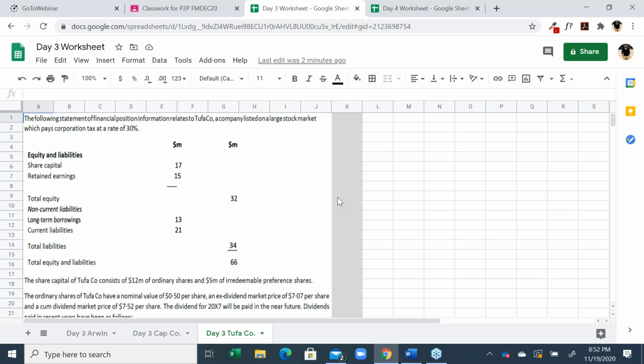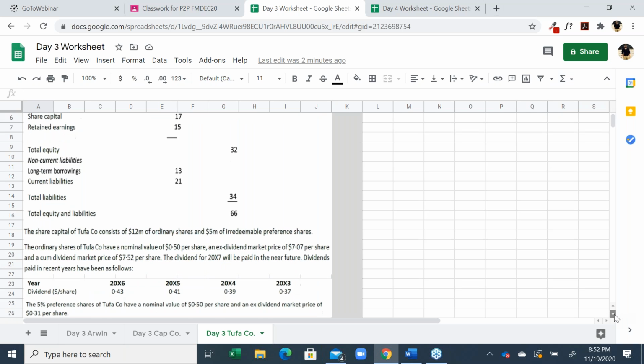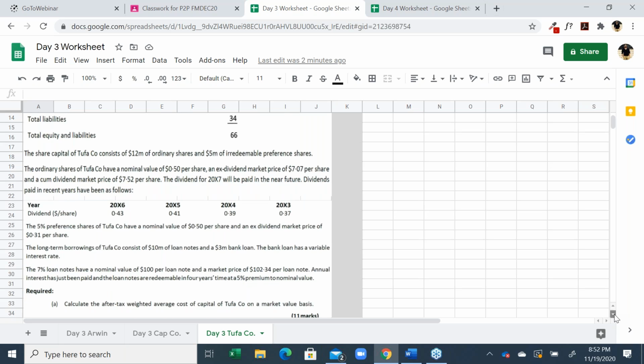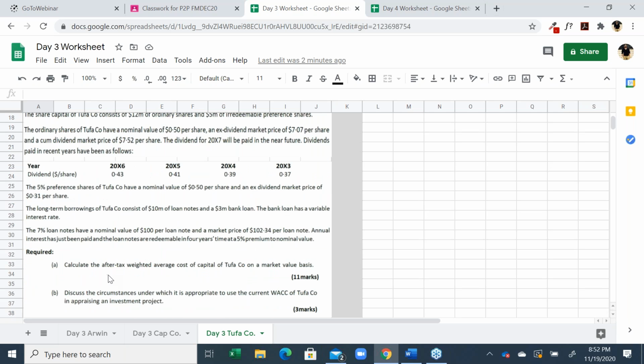Tufa company. What are we supposed to do in Tufa company's case? We have to calculate the after tax weighted average cost of capital of Tufa company on a market value basis.